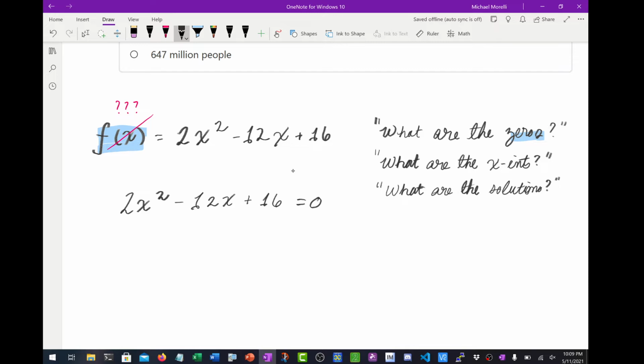How do I solve a quadratic equation when the leading coefficient is other than 1? Okay, so in this case it's 2. And we will try, my first method is to factor by grouping. Okay, so we're going to try this.